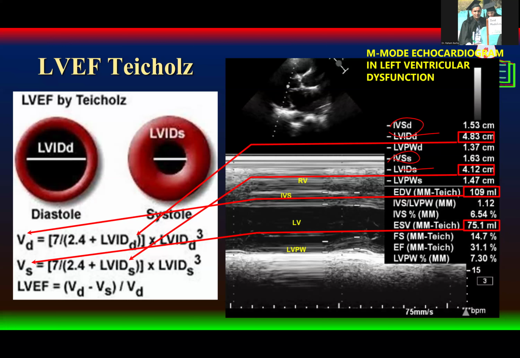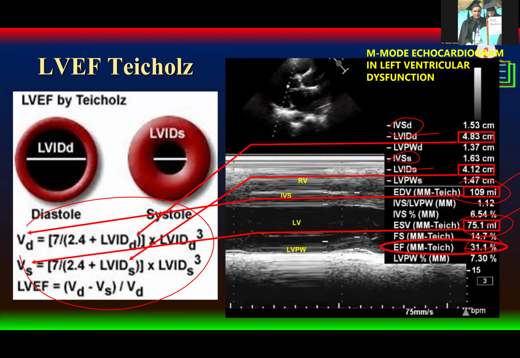So both the diastolic volume and systolic volume are calculated by the Teichholz equation automatically. If you put all these values in these equations, you will get these two volumes, and as a result we'll see the ejection fraction as well. So the ejection fraction will be calculated from both the systolic and diastolic volume.